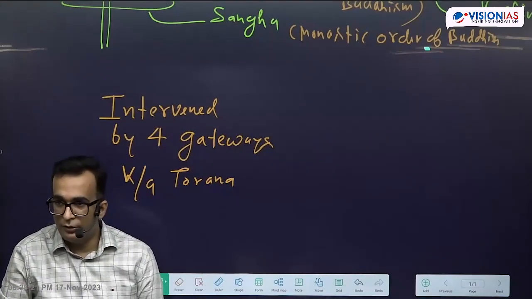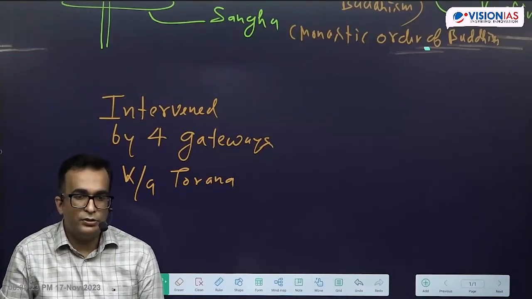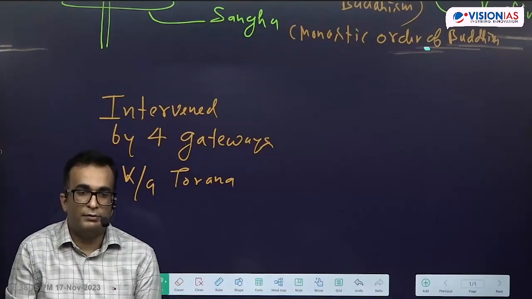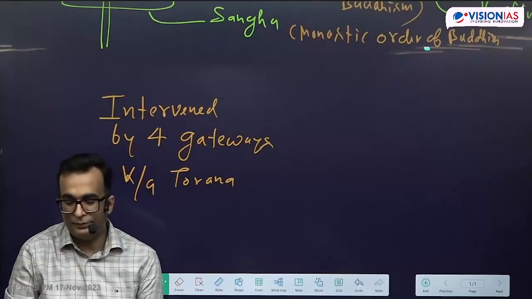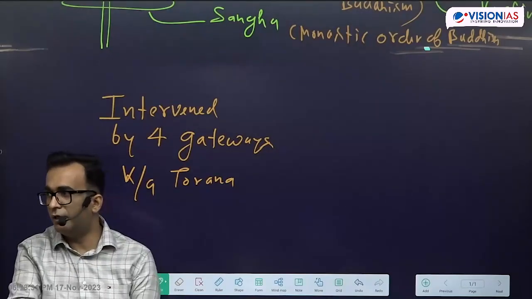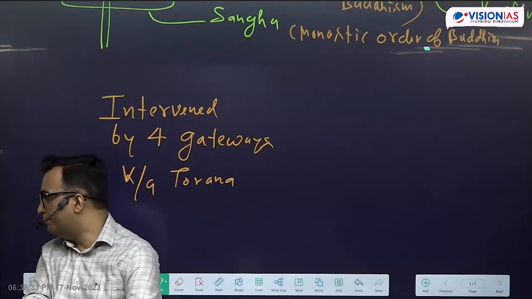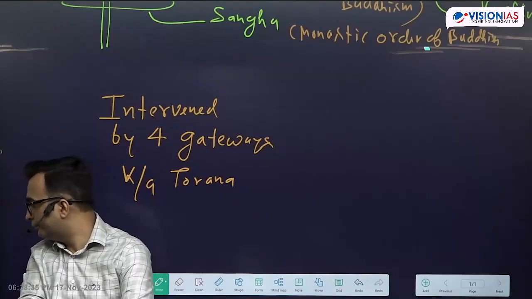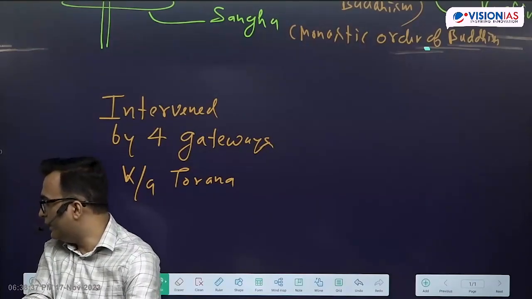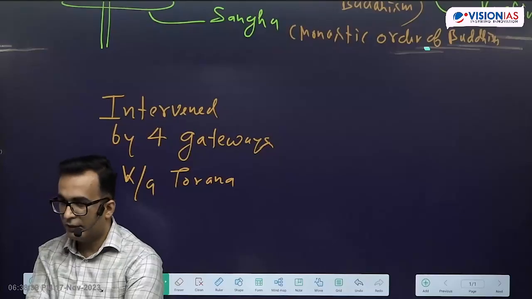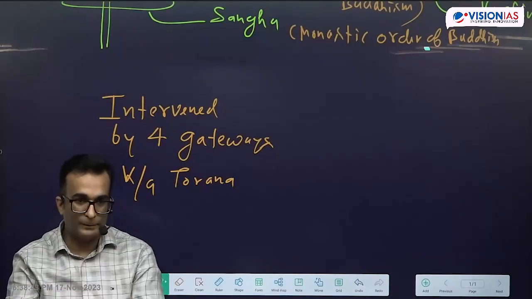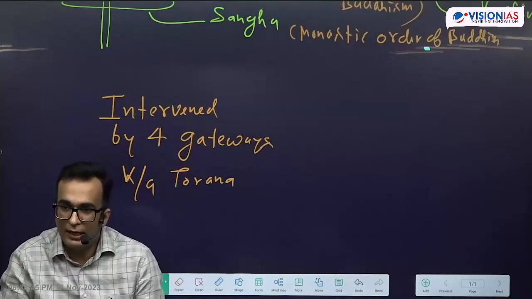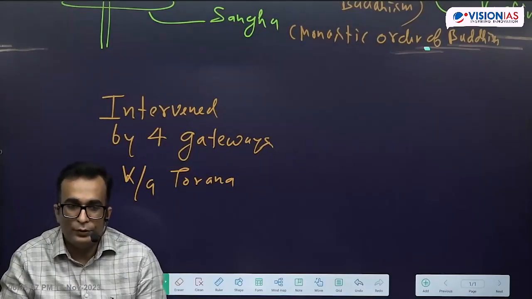Then, mention East Toran. Number 1. East Toran indicates his birth at Lumbini.